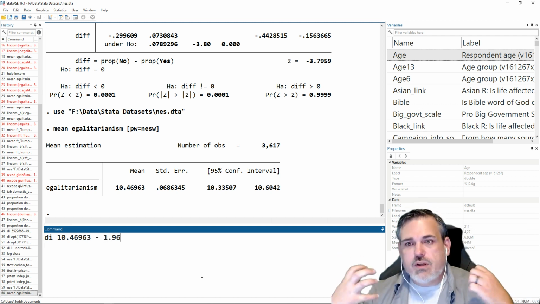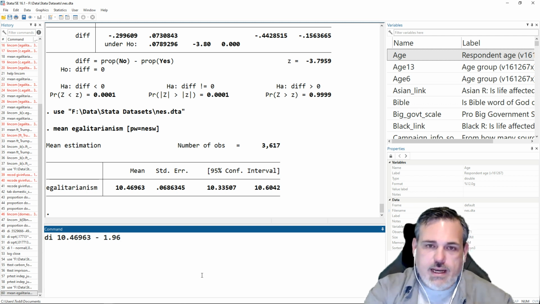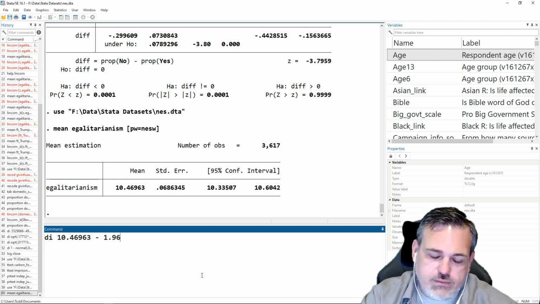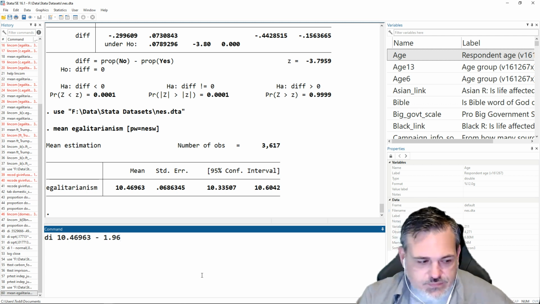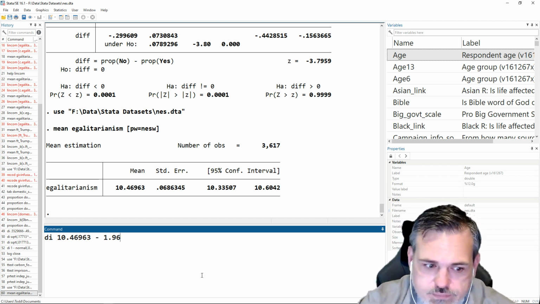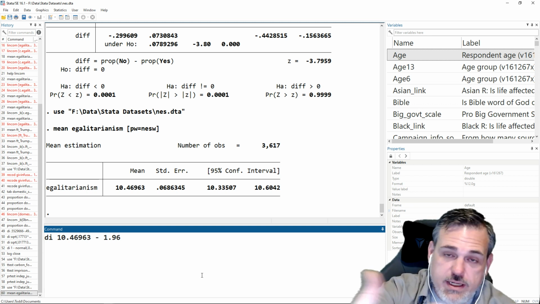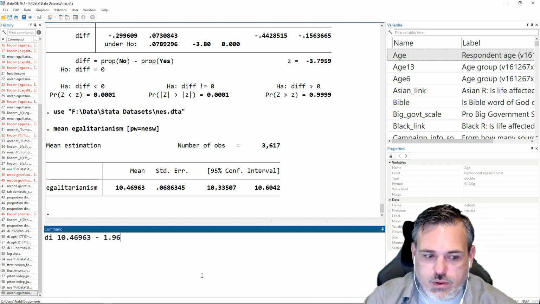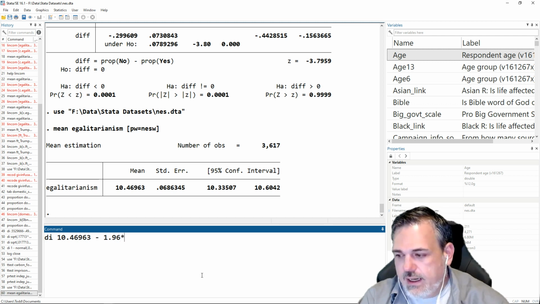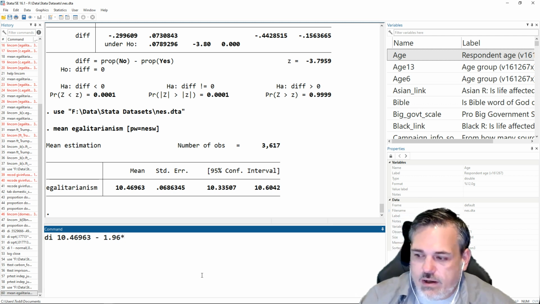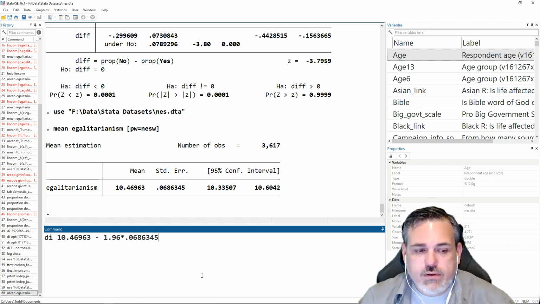Remember, I've been talking about 1.96 forever. 1.96 is the level by which we know that when a t-test goes above or below it, something is statistically significant. So we're going to multiply that, in this case, by our standard error, which is 0.0686345.